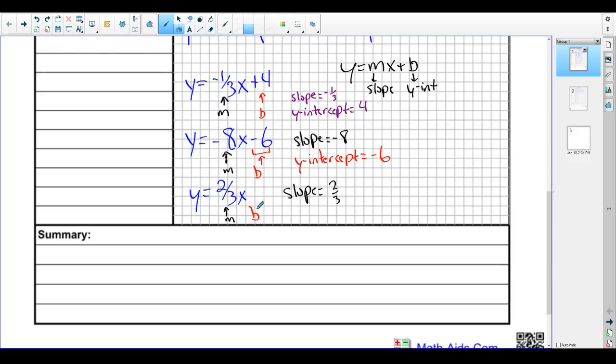So if there's nothing there, well, what can we add to it? We can say, what if we added 0 to our equation? The value of our equation didn't change, but now we have a plus or minus at the end, so we can say our y-intercept, if nothing is written, equals 0. And that's it. Halfway done.